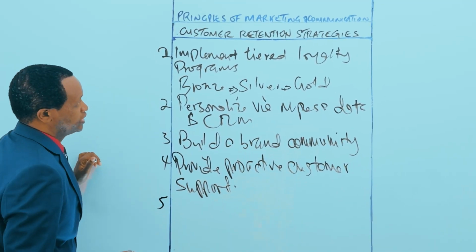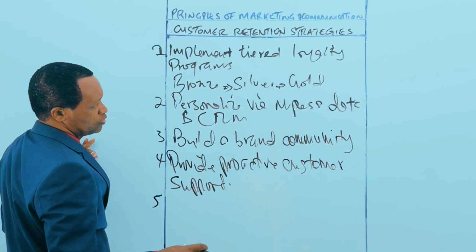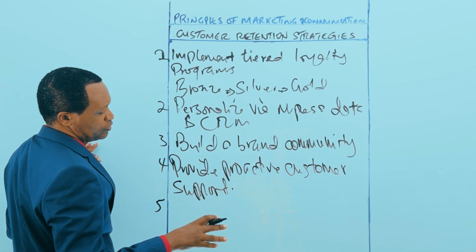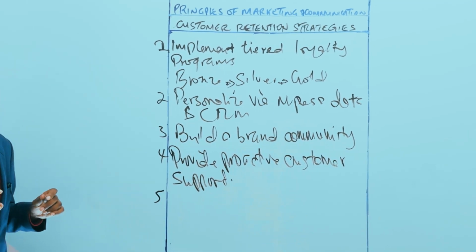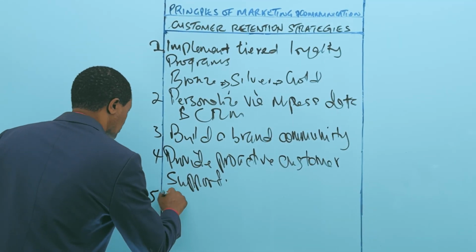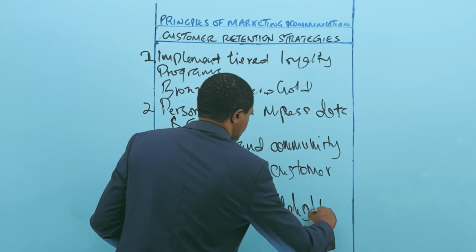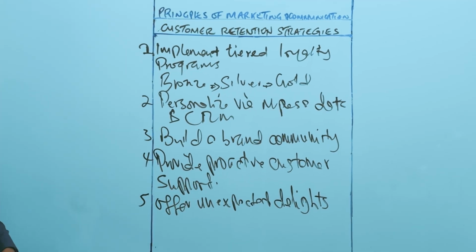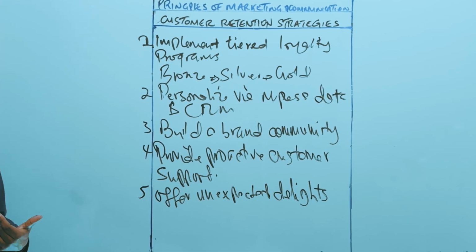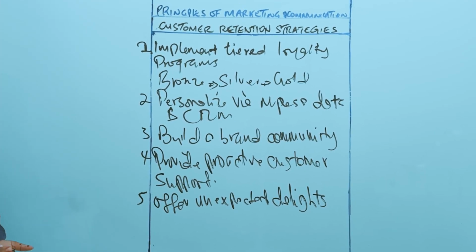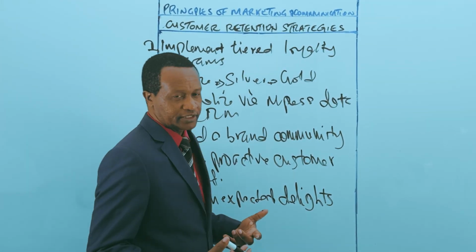The fifth strategy to retain customers is to offer surprise delights, unexpected delights. It could just be a small unexpected gesture that may create a massive impact.